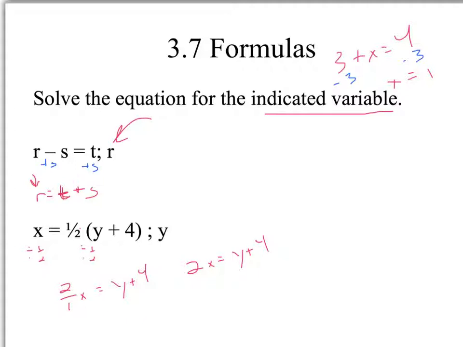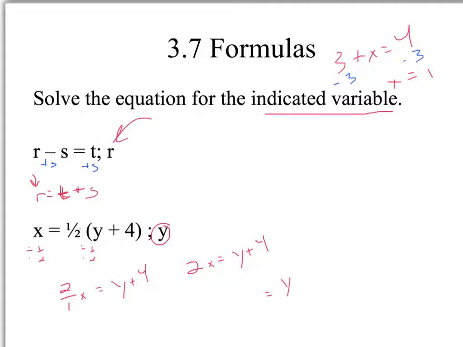Now, again, I'm solving for y. So I want to get y on one side of the equation with nothing else. On my right side I have y plus 4. I need to get rid of that plus 4. I want to have y all by itself.